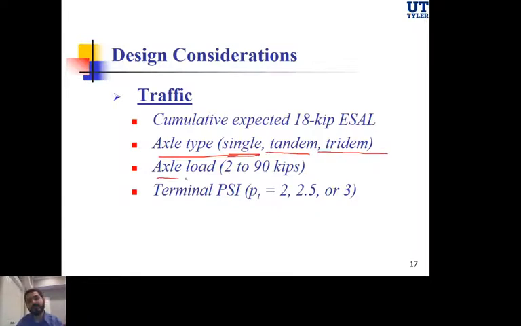It also depends on the axle load. How much does each one of these observed axle loads have? We can have 2,000 pounds per axle, which is typical in most of our small vehicles, and we can have up to 90 kips, 90,000 pounds per axle. And of course, it depends on the delta PSI and the terminal serviceability index. So it can depend on if it's 2, 2.5, or 3.